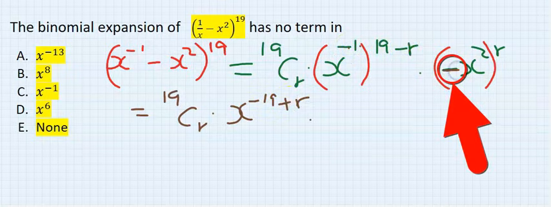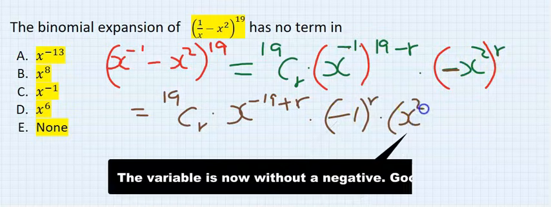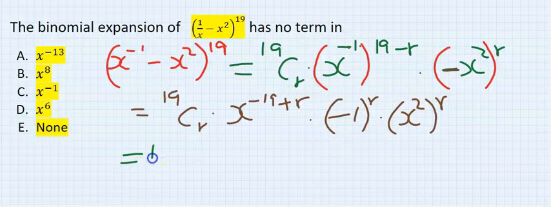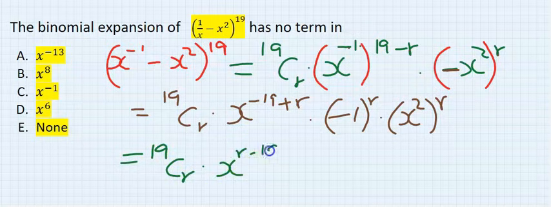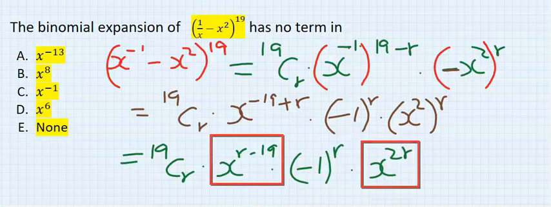This minus, I will give it 1 to the power of r, and (x^2) to the power of r. Hence, I will have 19 combination r, x to the power of r minus 19, minus 1 to the power of r, and x to the power of 2r.